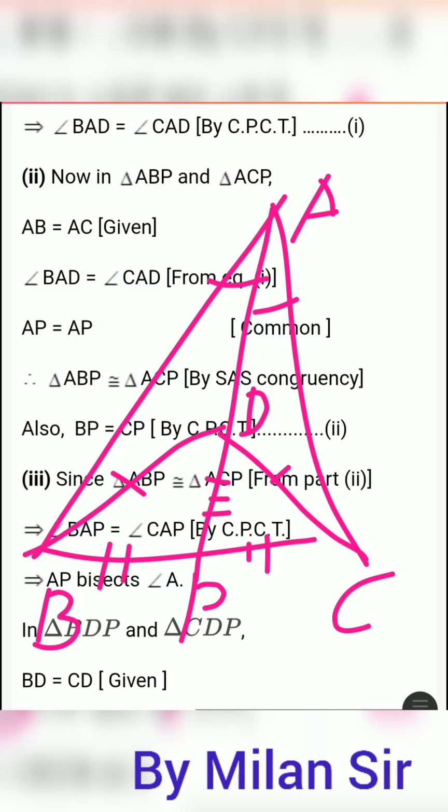So again by side these two triangles are congruent, so these two angles are same, so AP bisects angle D. And from here we can also prove that these two angles are same, this angle and this angle.